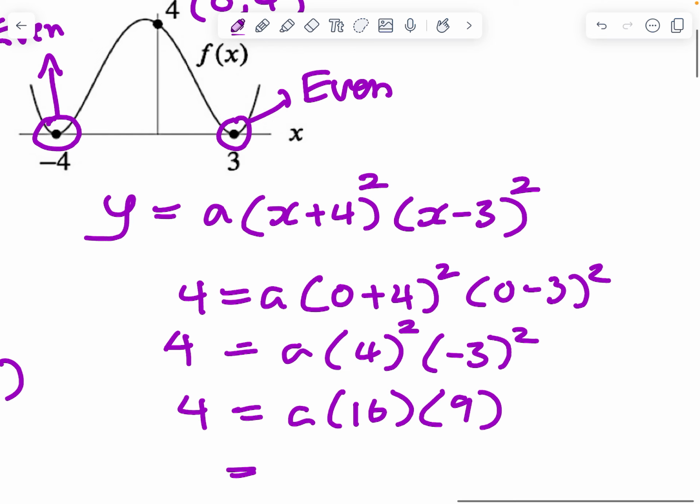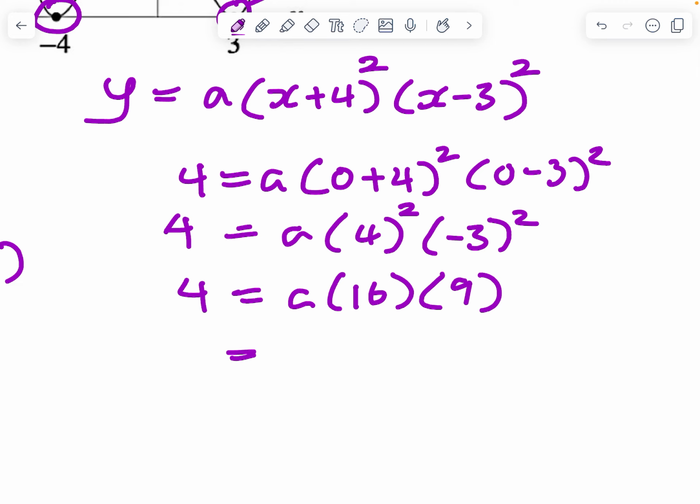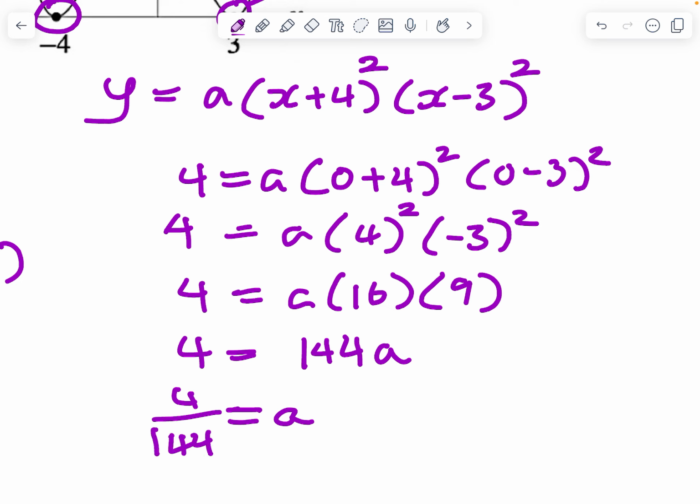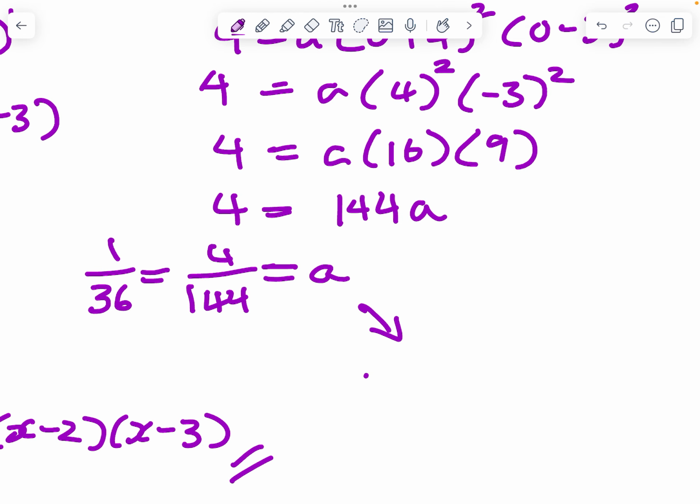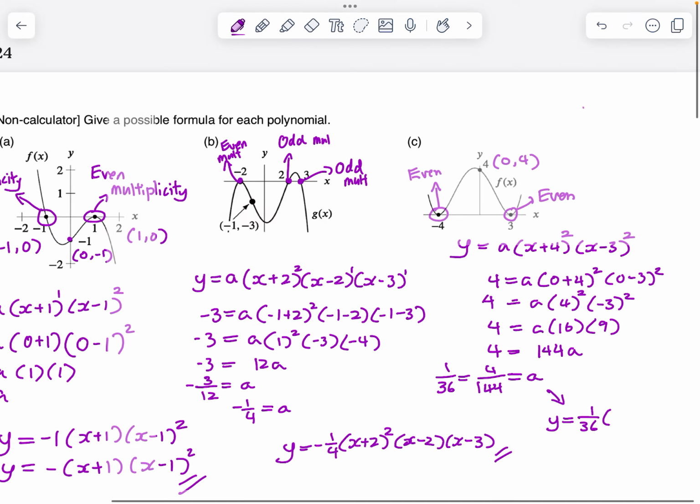So 16 times 9 is 144a equals 4. And to solve for a, it's going to be 4 over 144. And when we simplify it, we get 1 over 36. So our new equation would then be 1 over 36 times (x plus 4) squared, (x minus 3) squared. And there you have it.